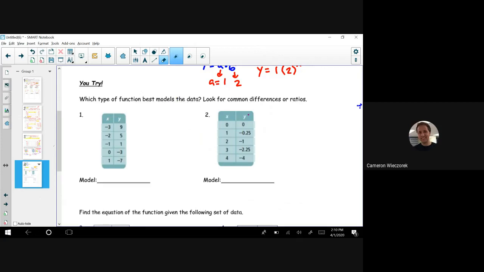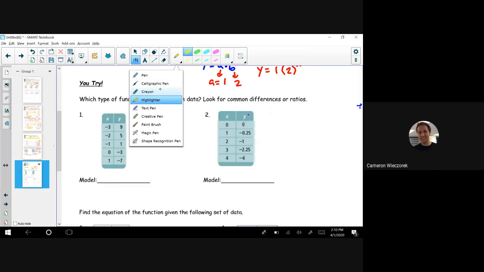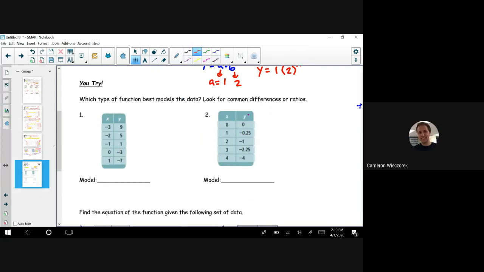All right, so if you paused me and you're ready to go through the you try problems, I'm going to write these up. What you should have noticed for the first one is that all of the x values are growing by 1. So there's my change in x. And notice that all of the y values are constantly dropping by 4.